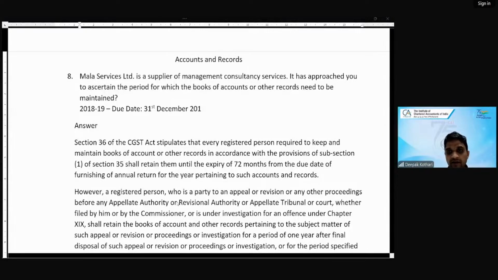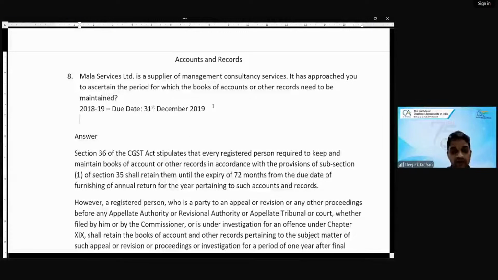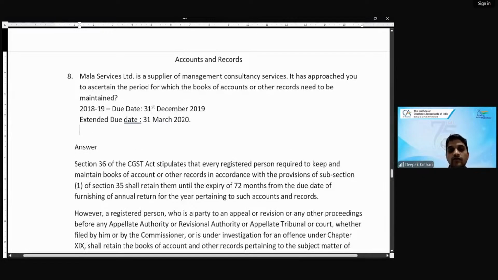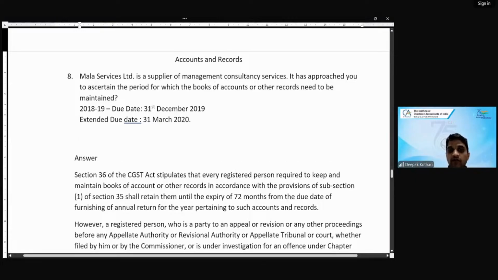Correct? Yes. So 2019 is the due date. Okay. Now the government has extended the due date. For some reason, second year of thing, and they have extended the due date to 31st of March 2020. Okay. Now, till when will you maintain the books of accounts?